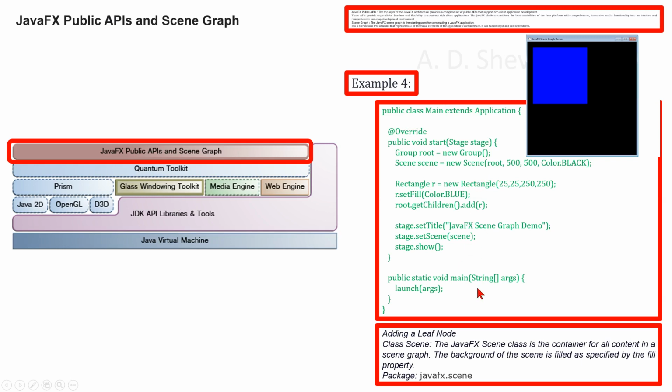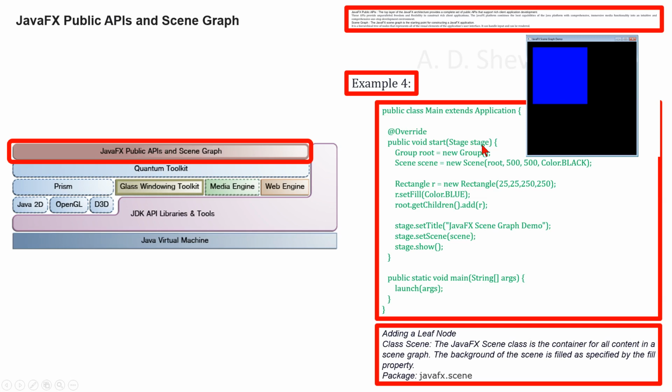The important points to consider in this example are as follows. The main class is an extension of the javafx.application.Application class. Its start method is overridden. In this case, it is overridden and receives a Stage object, a top level GUI container, as its only parameter.